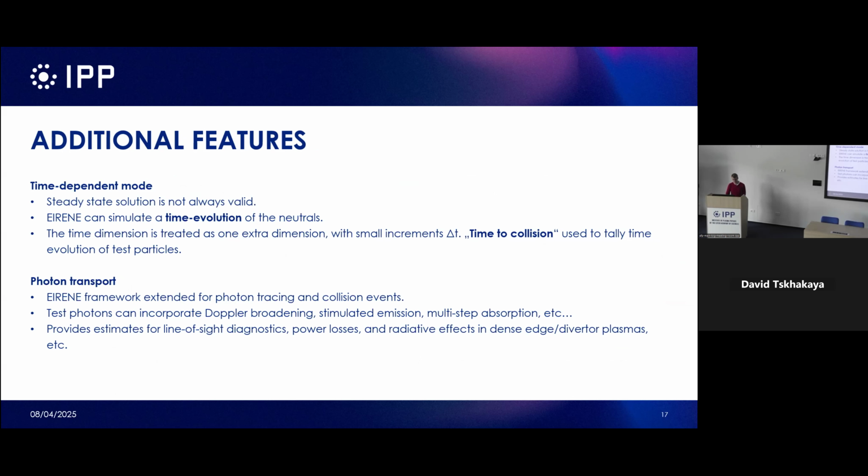So IRENE can do also a time dependent or time evolution of the neutrals, which is pretty simple with Monte Carlo, just by adding another dimension with some small time increments. But of course, we also have to tally the information of the time of flight, basically, or time to collision, to get the time evolution of the particles.